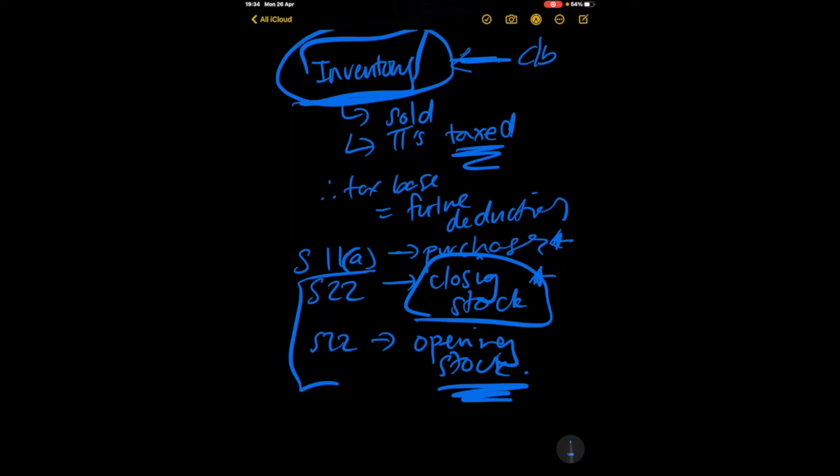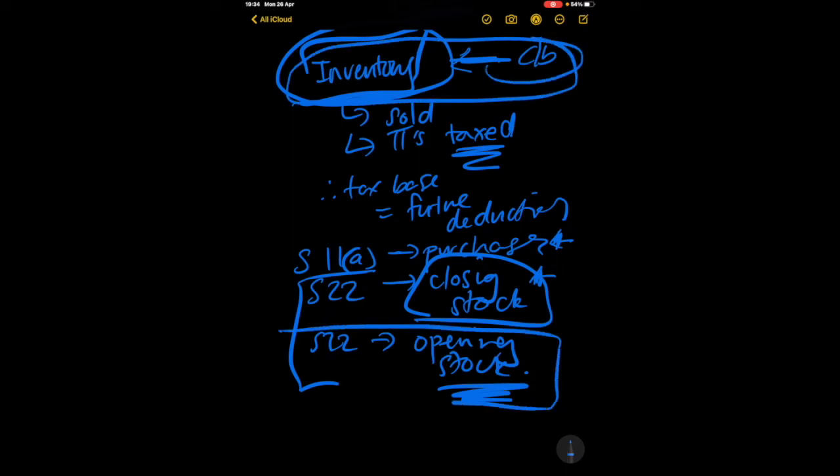So in the case of my closing balance of inventory, my future deductions is actually going to be my opening stock adjustment, which I expect to claim in the future, and so that would most likely equate to the carrying amount of inventory.